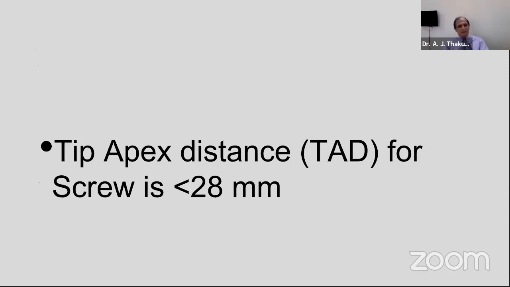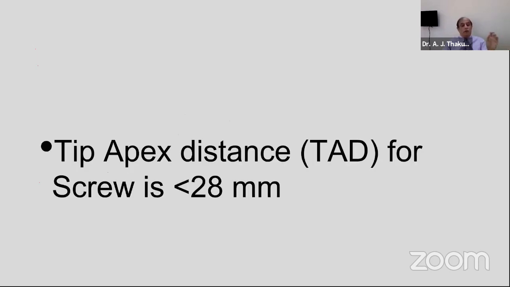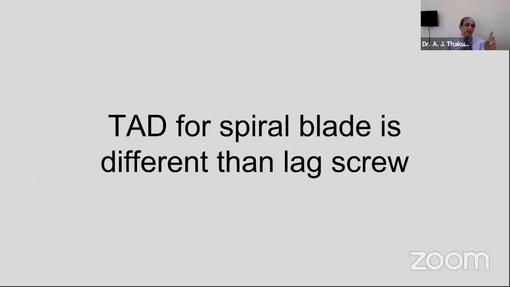Tip apex distance is again a very important factor, and one should strive to get it within 28 millimeters. If it is more than that, it is difficult for your cancellous screw or the DHS screw. But these days we are using the spiral blade, and TAD is different from the lag screw.